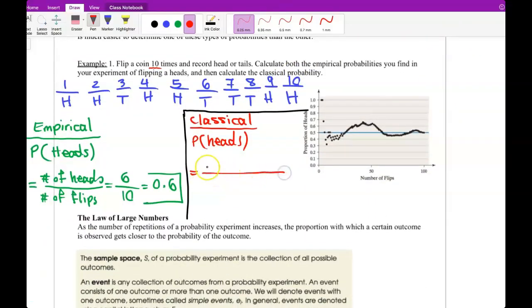Here is the number of heads on the coin, and in the denominator, the number of possible outcomes.